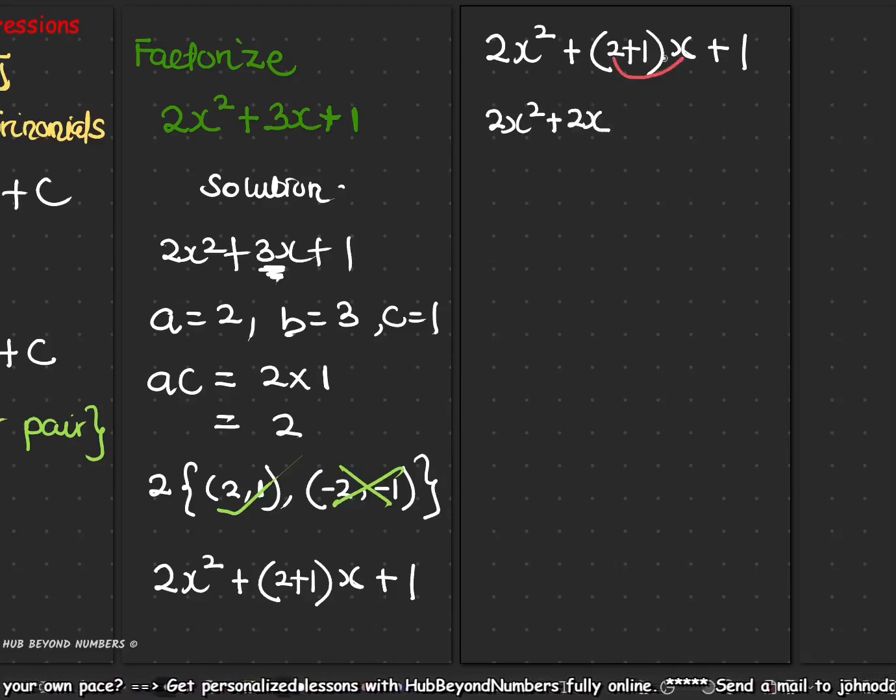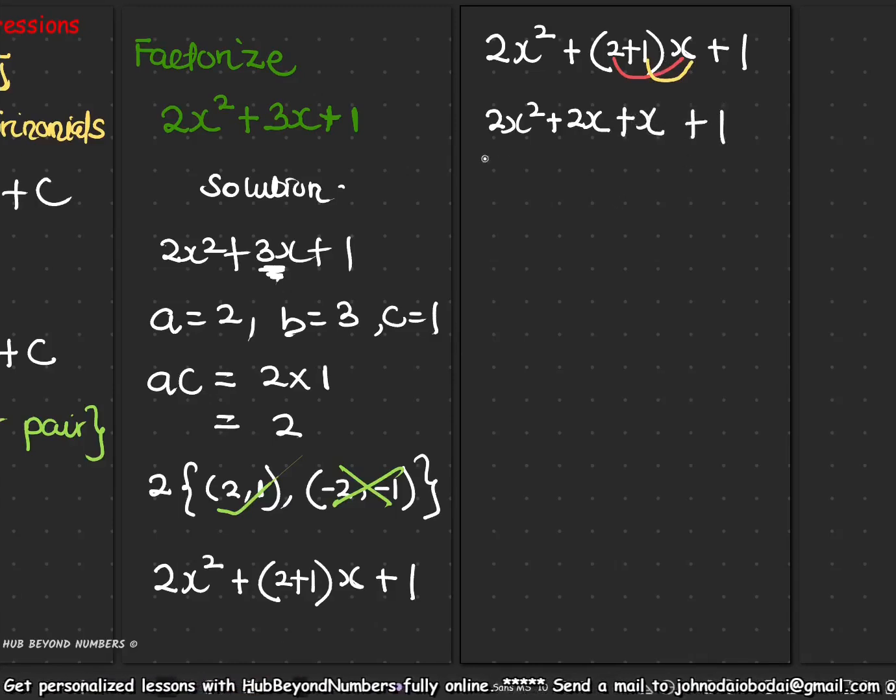And then this 1 multiplies this x to give us a positive x, then plus 1. Now, we are solving by the method of grouping. So we have 2x squared plus 2x as our first group term, and x plus 1 as our second group term.